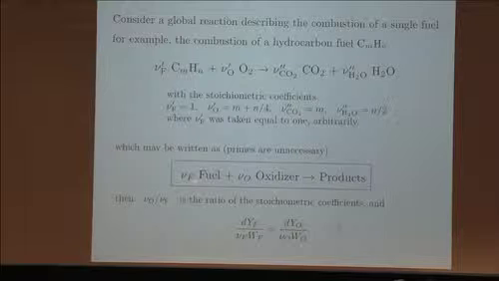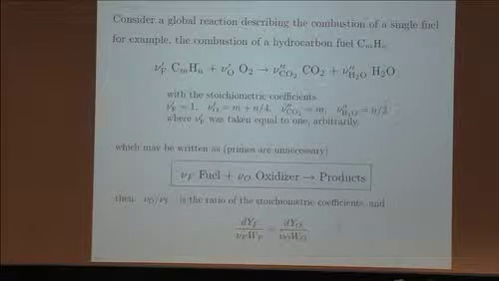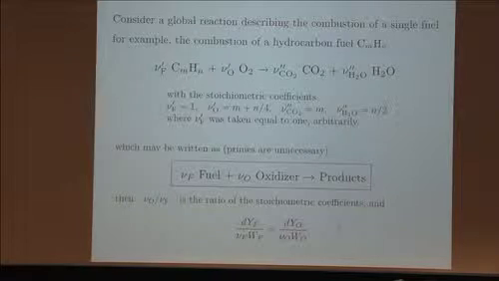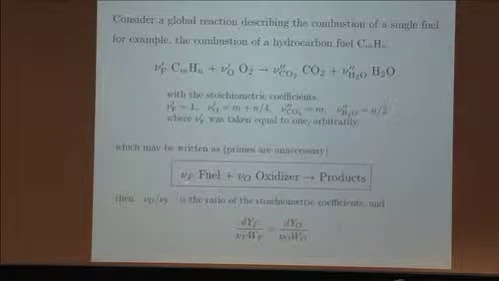So I will use nu_F and nu_O for the fuel and oxidizer, and for whatever else I need, I will use the subscript for the other species. And since fuel and oxidizer are always reactants, I will avoid the prime because it's obvious that they are reactants.